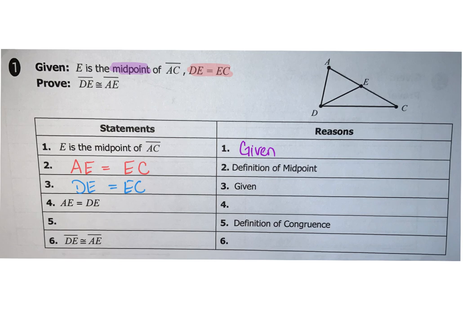Why can we assume that? I will take substitution because all you did was substitute AE in for EC. Or you could say AE equals EC, EC equals DE, so AE equals DE. So I will take either substitution or transitive there.